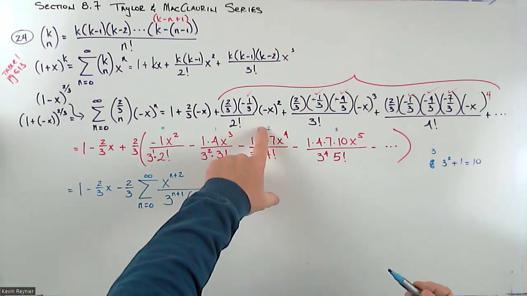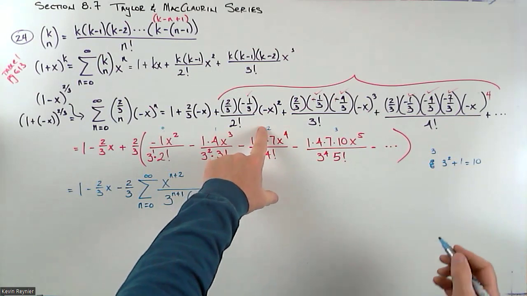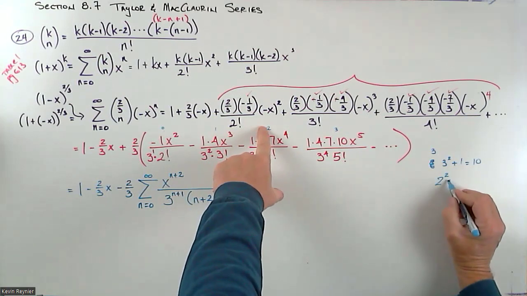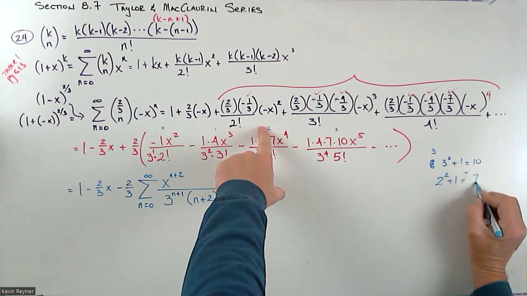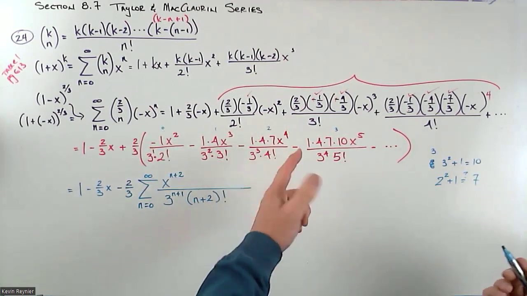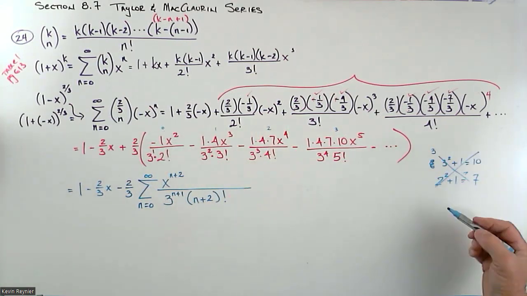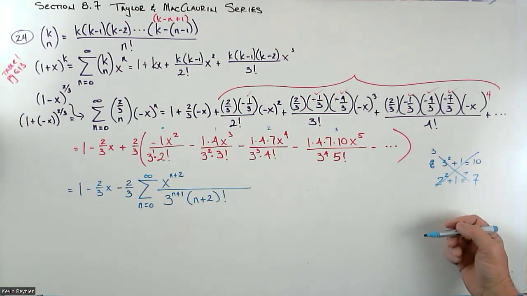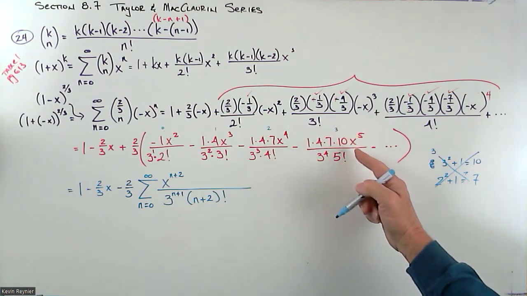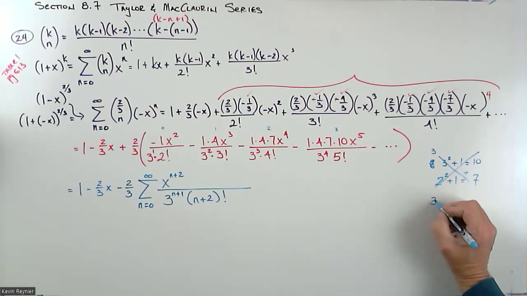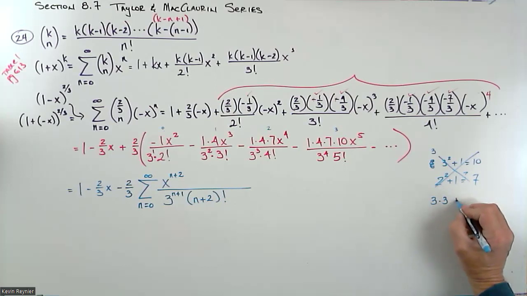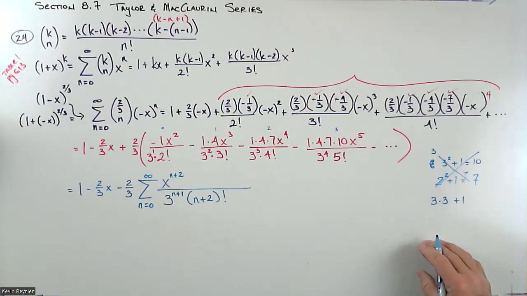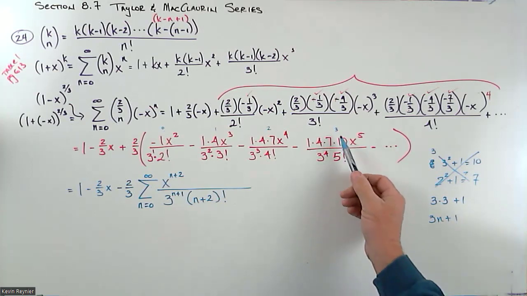Well, does 2 squared plus 1 get you to 7? Because that's what you need it to be. And the answer, of course, is no. So that's not a good idea. If I take 3 times 3 plus 1, so here I took 3 times n and I added 1, that got me to 10.